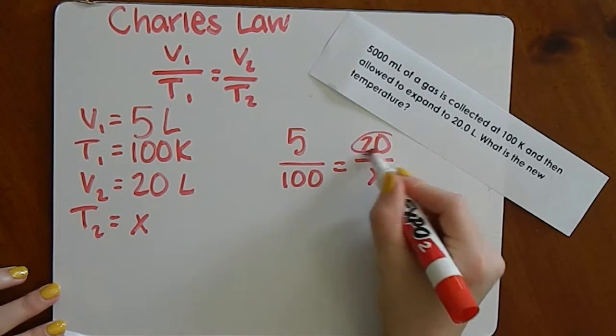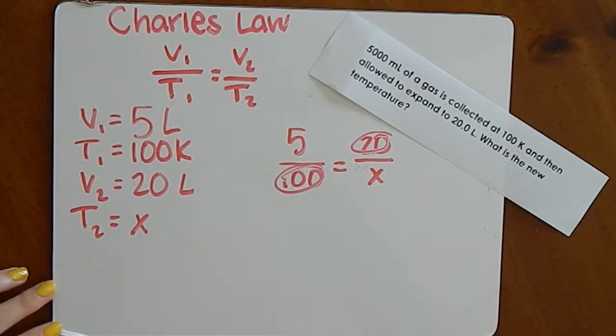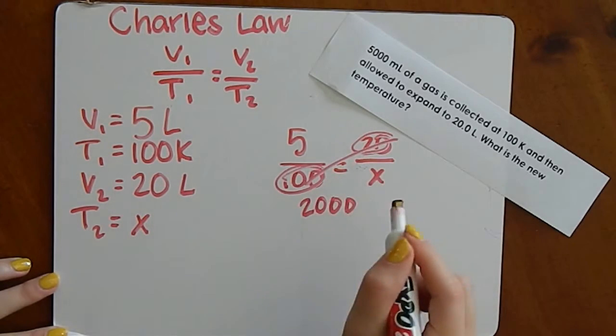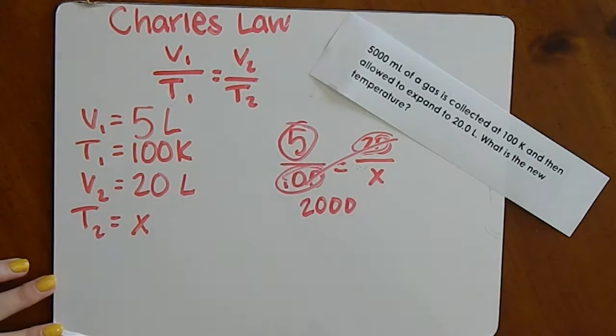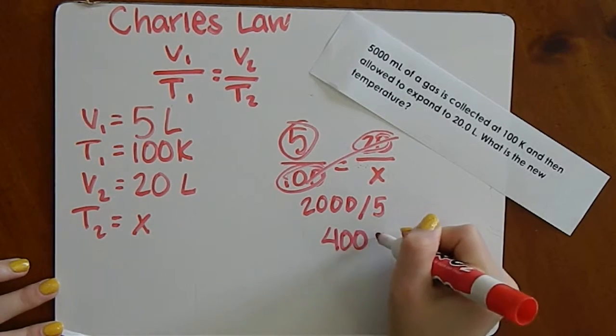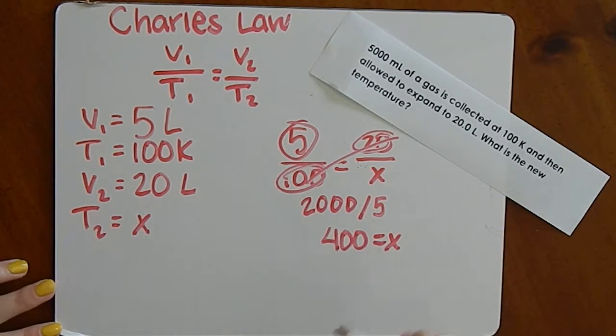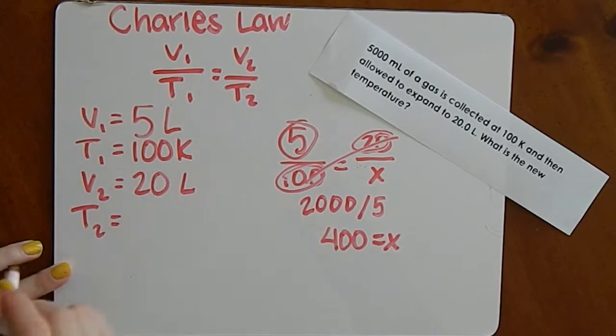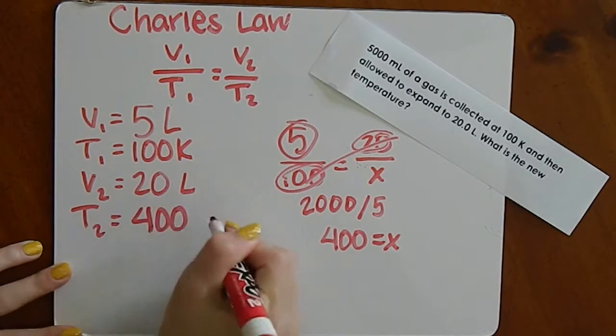So multiply 20 times 100, which is 2,000. And then divide by 5, which is 400. And so we have the final temperature, which is 400 K.